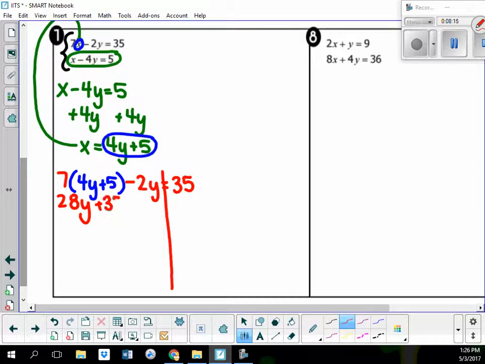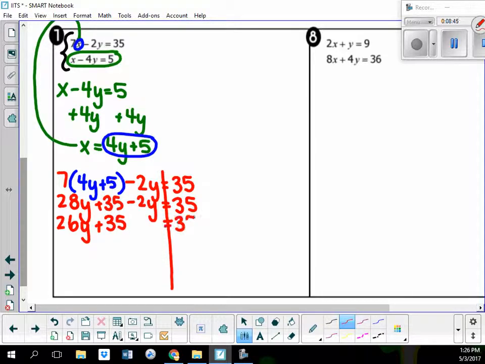Okay, so 7 times 4y is 28y. 7 times 5 is 35. Minus 2y is equal to 35. Do you want to keep going, Rachel, or do you want to pass it off to someone else? Sure, and then you combine two y values, so it would be 26y. Yep, combine like terms to get 26y plus 35.